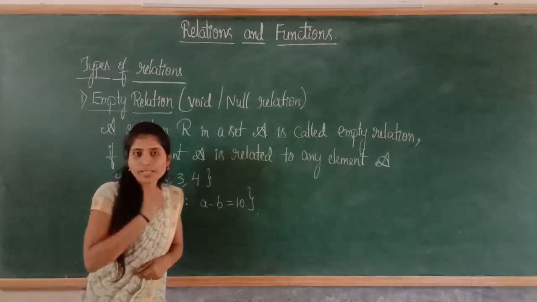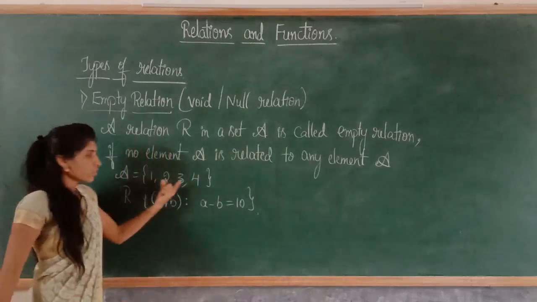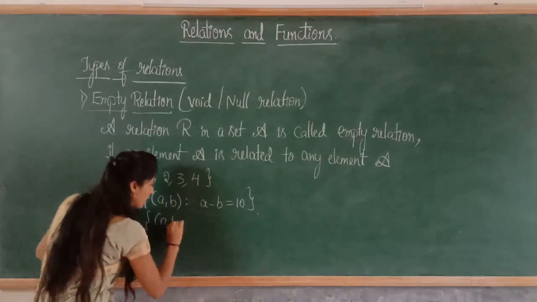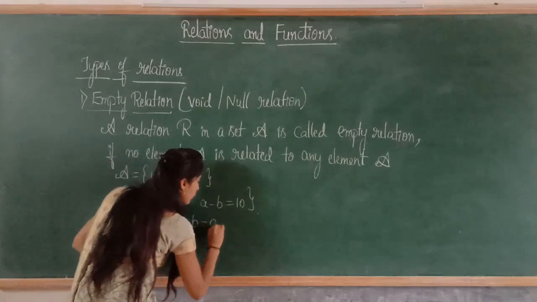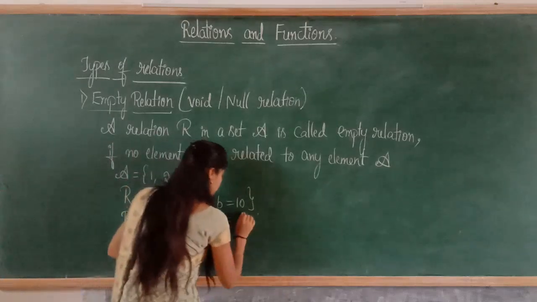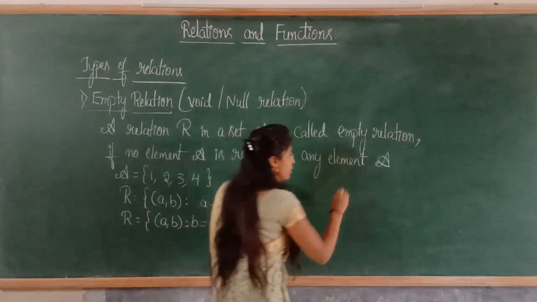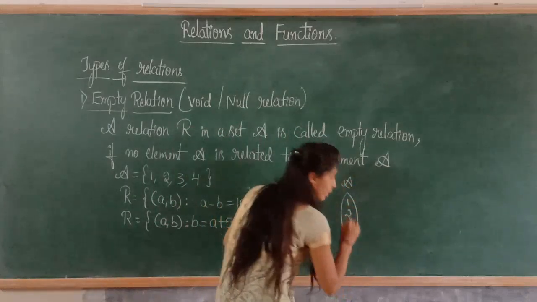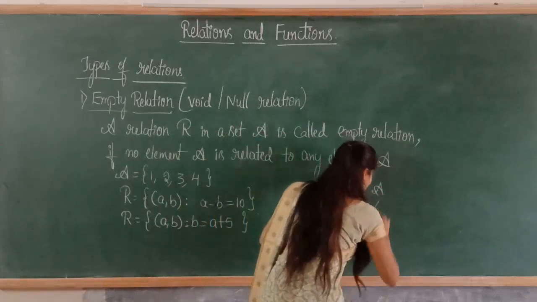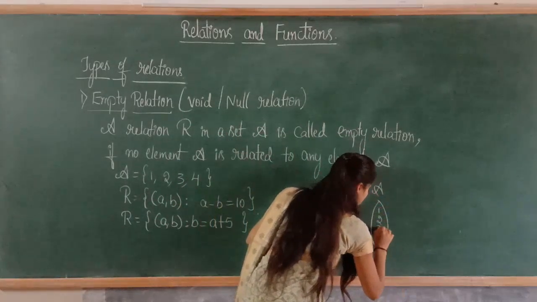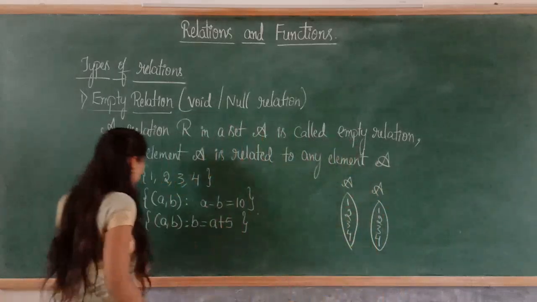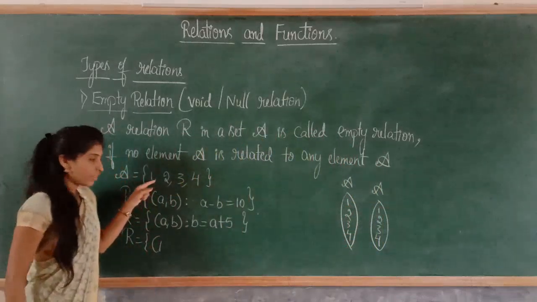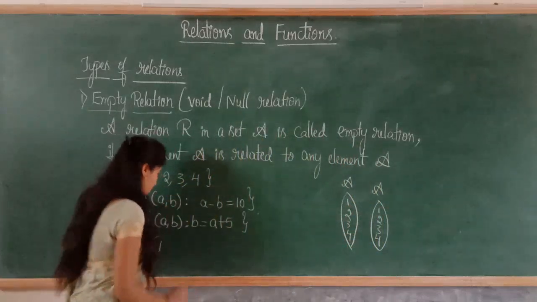I will give you one more example. Take set A is equal to 1, 2, 3, 4. The relation R is equal to, suppose A comma B such that B is equal to A plus 5. Here the set A is equal to 1, 2, 3, 4. See here, if I put the value of A is 1, then the value of B is 1 plus 5 is 6.